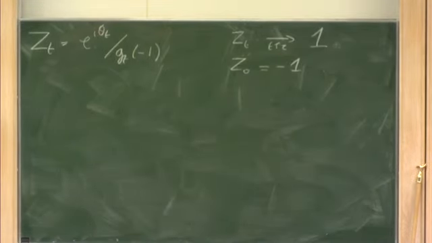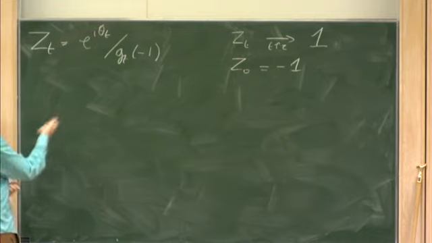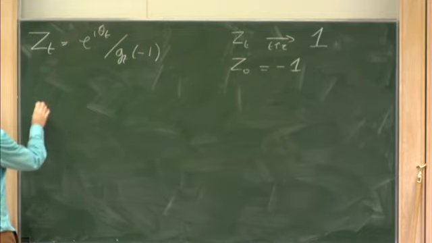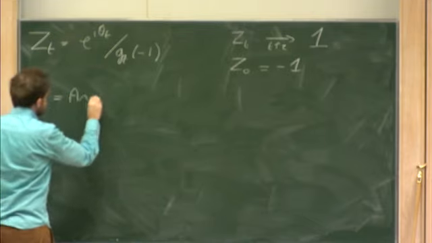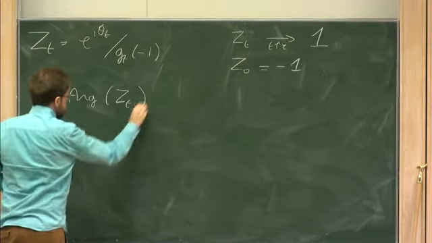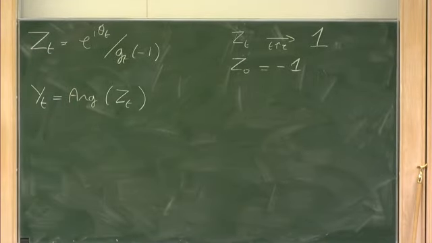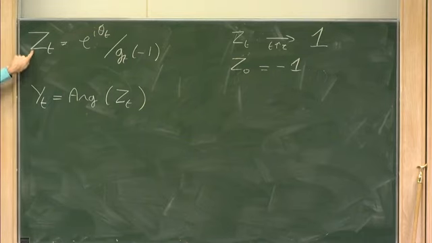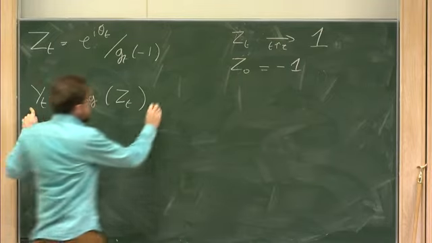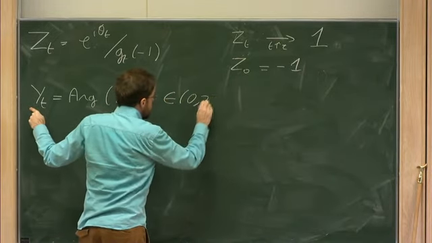Okay, next transform to make things even a little bit nicer to draw and to compute. We'll define yt to be the argument of zt. So it's the continuous determination of the argument of zt, and zt depends continuously on t, so there's no problem defining this. And we define the argument, and we will impose that this is between 0 and 2 pi.